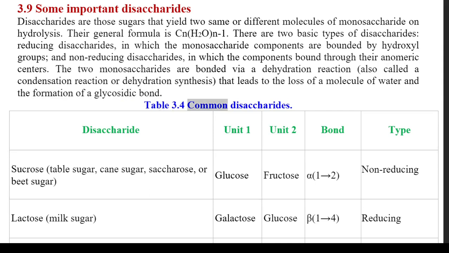Table 3.4 Common disaccharides. Disaccharide, Unit 1, Unit 2, Bond, Type. Sucrose, table sugar, cane sugar, saccharose, or beet sugar: glucose, fructose, alpha 1→2, non-reducing. Lactose, milk sugar: galactose, glucose, beta 1→4, reducing.